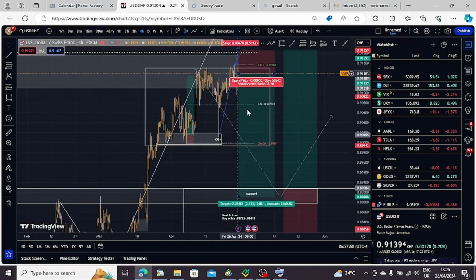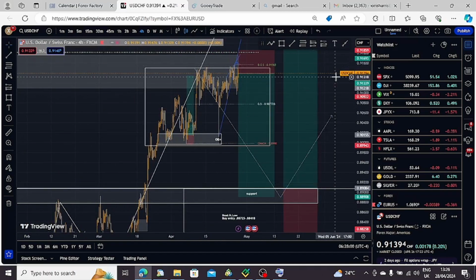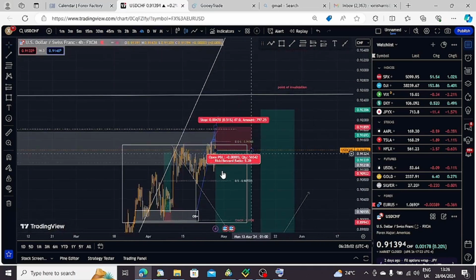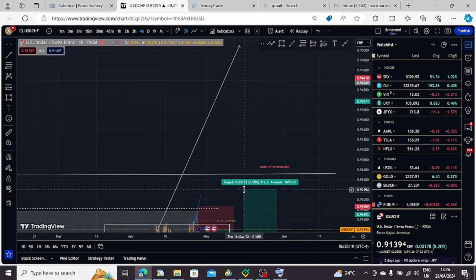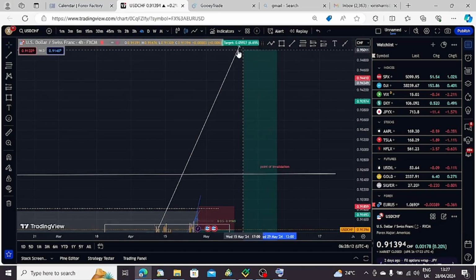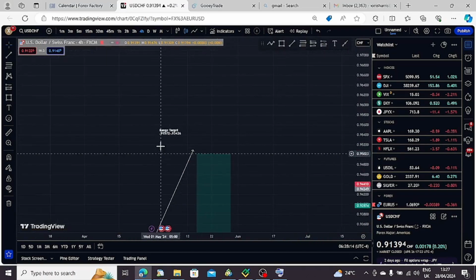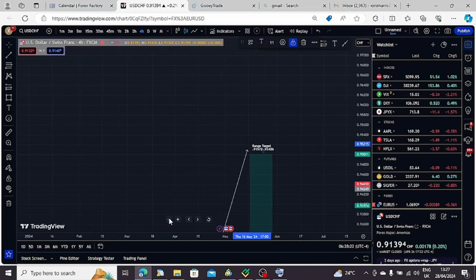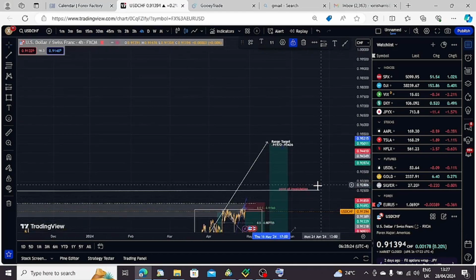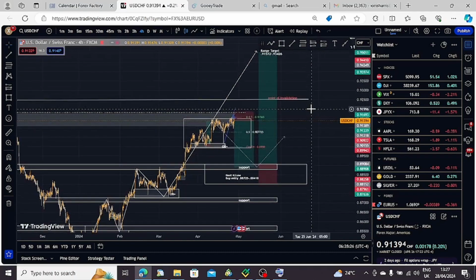I expect to see a correction, then a move to the upside that will obviously not respect this zone and just push up to this zone. This is my range zone where I expect TP. So yeah, that's my weekly analysis on USD CHF.